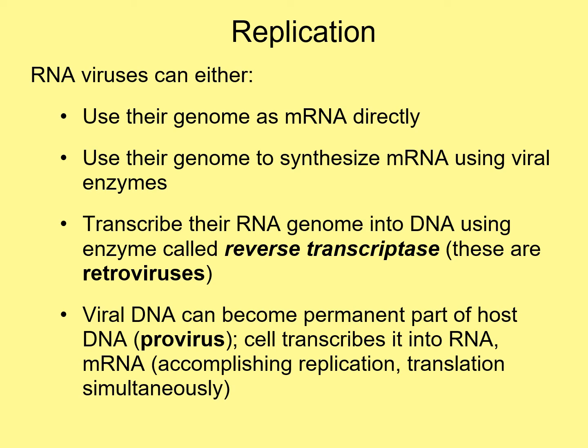So now every time the host copies itself, it's copying the virus, right? Again, every time the host cell reads the DNA, it's going to transcribe that into RNA, which means now I have a strand that can be used as genetic material for the next infectious virus that's going to leave the host.